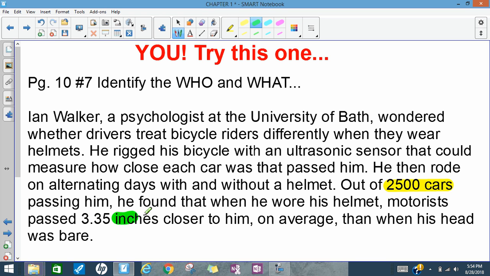So that distance is measured in inches. We're trying to see if there is a difference in the distance when somebody's wearing a helmet or when they're not. So the who are the cars, the sample being specifically these 2,500 cars, and the what is the distance between the car and the bicyclist. And of course the units of that would be inches.